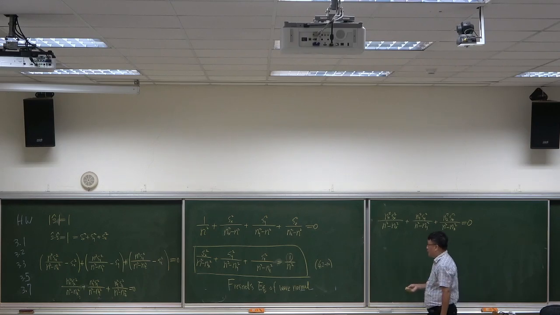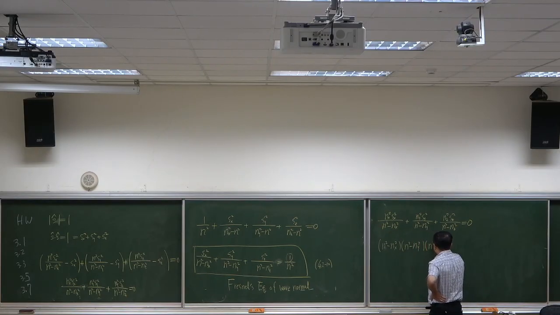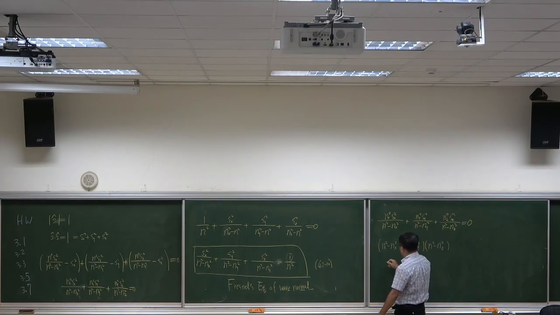So now I multiply the whole equation by this factor. Multiply this factor to the whole equation.